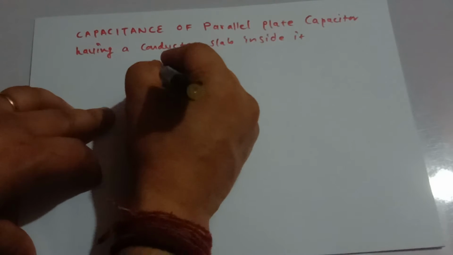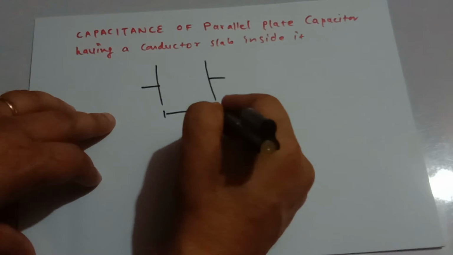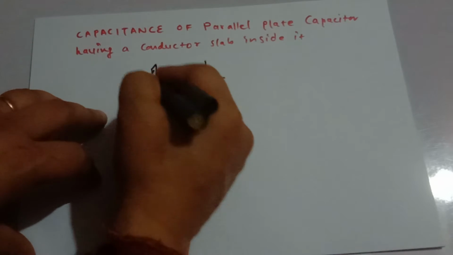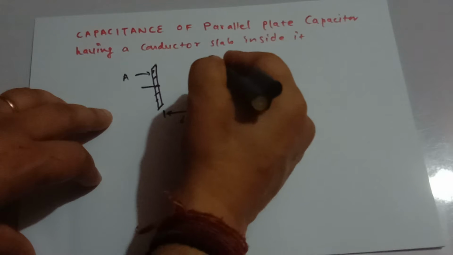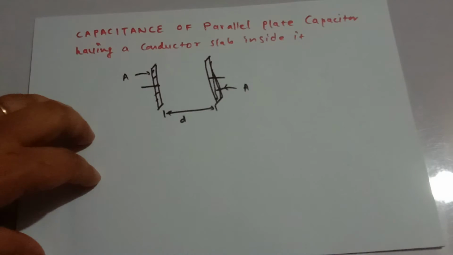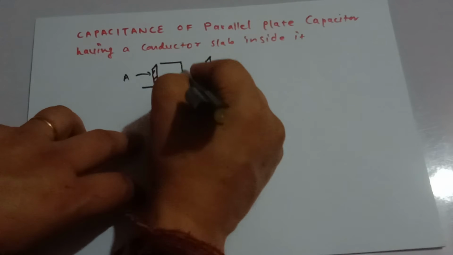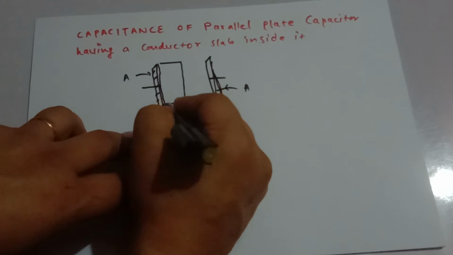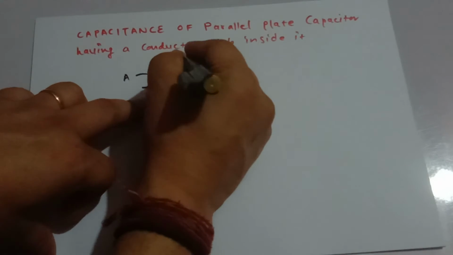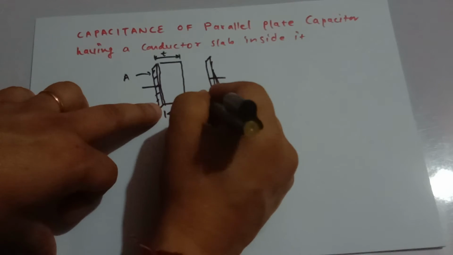So now let us consider that this is a particular parallel plate capacitor having some thickness, which is small d, and area, suppose capital A. For the sake of simplicity I am putting this slab here, just adjacent to this particular plate, and suppose the thickness of this conductor is small t, so obviously the remaining gap would become d minus t.